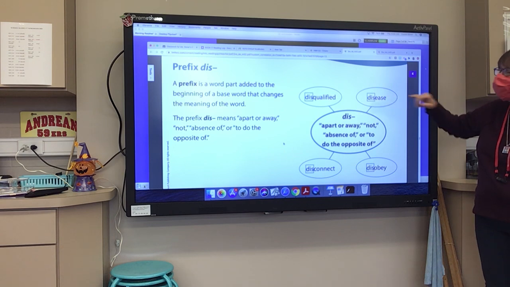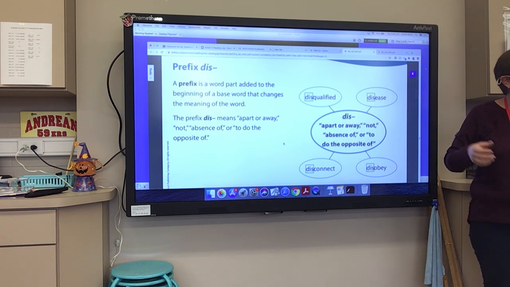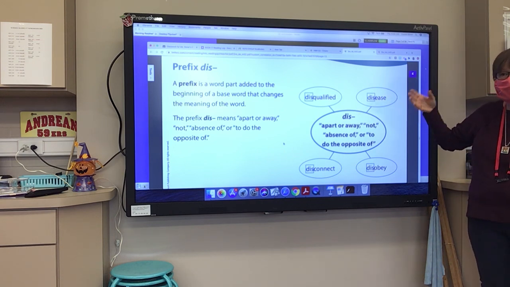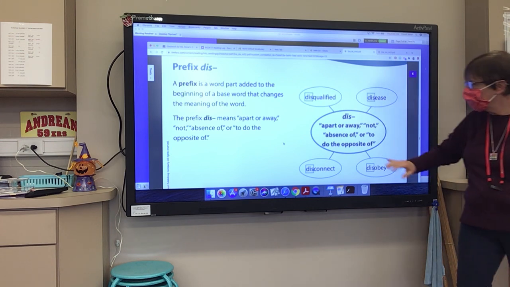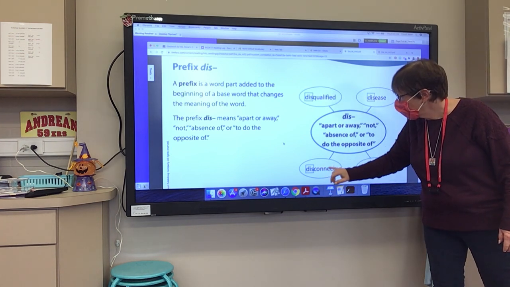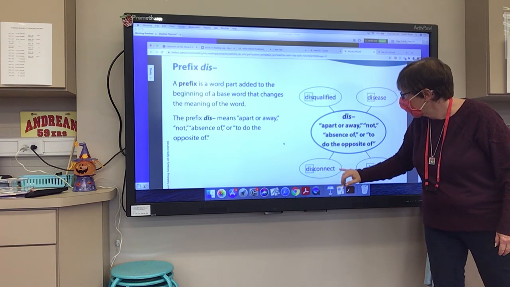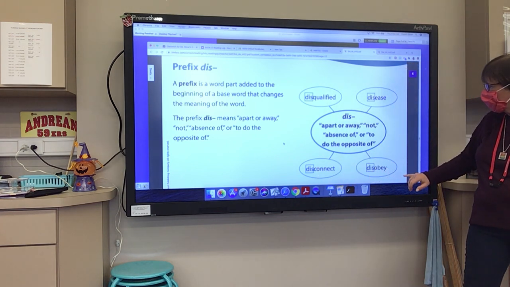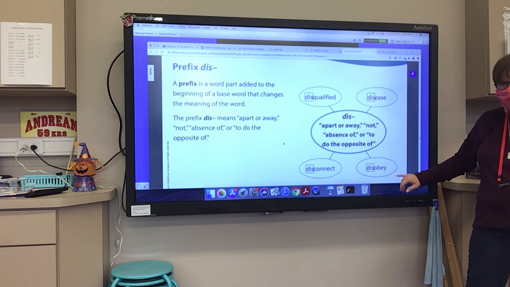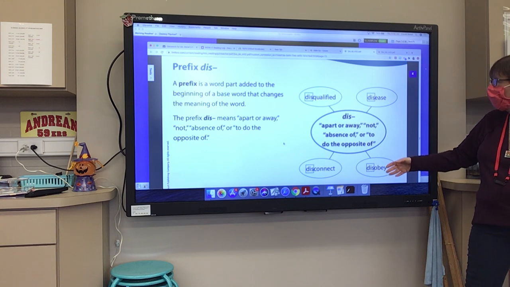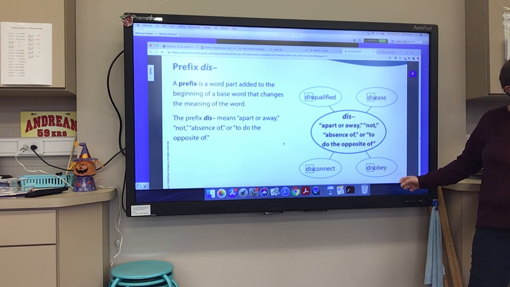So ease is the base word. Dis-ease, disease. Then we have disconnect. Connect is the base word. Disconnect, not connected. Okay? Disobey. Obey is a base word. When you don't obey, or not obeying, to do the opposite of obeying.